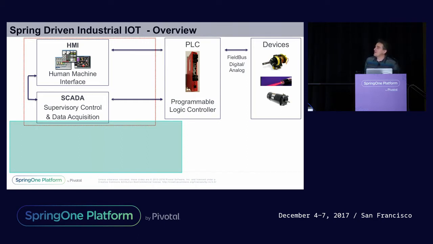That then typically will talk to one or a series of PLCs, Programmable Logic Controllers, usually in the hundreds or thousands. And they're really the interface between the humans working on the machines at the upper level within the enterprise and the communications down to the device level.